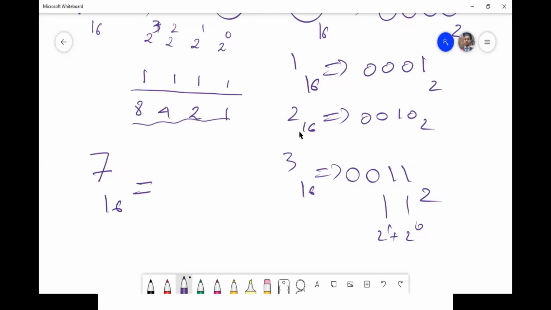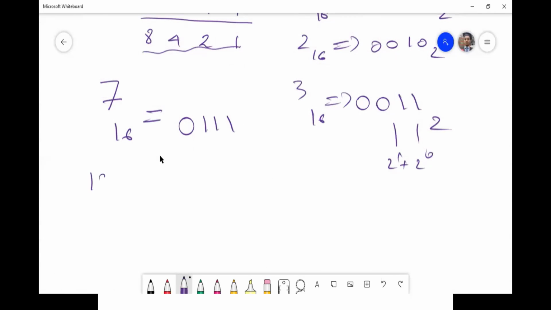You can see this one: 0 1 1 1. 13 is 8 plus 4 plus 1, so 13 comes as 1 1 0 1. Sorry, this cannot be written as 13, this should be D, right? It has the meaning of the 13th.